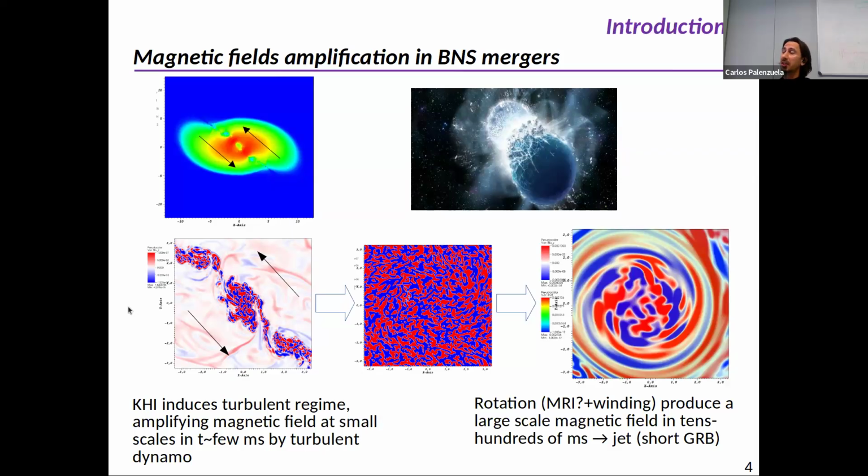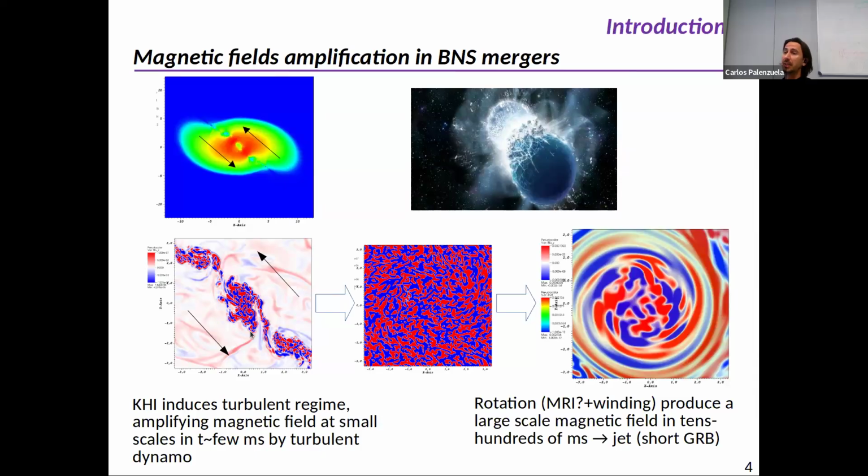And the nonlinear interaction of these eddies is going to produce a turbulent state. And the magnetic field is going to be stretched and twisted with these eddies, and then it's going to be amplified in what is called a turbulent dynamo that is happening in very small scales. So it's mostly happening in small scales and in very short times.